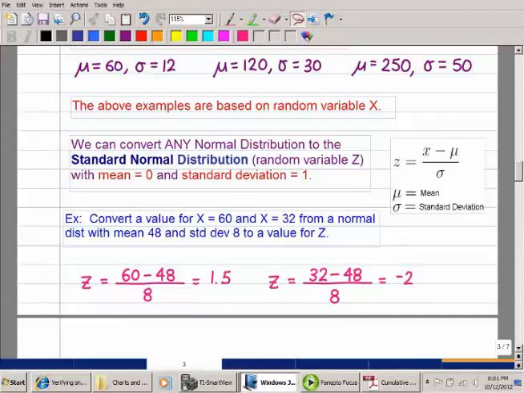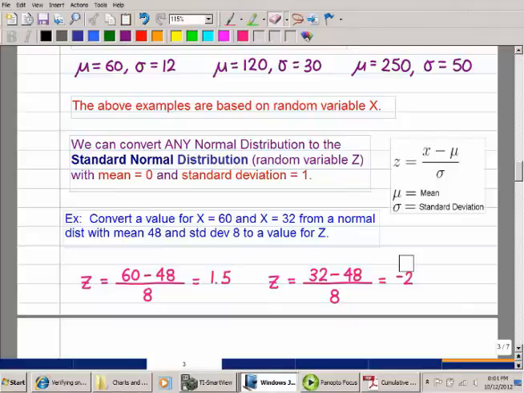So here's an example where we're going to convert a couple of values of x, one is 60, one is 32, from a normal distribution that has mean 48 and standard deviation 8, to a value for z. In other words, the standard normal distribution. For the first one, I took 60 minus 48, divided by 8, which gives me 1.5. 32 minus 48 divided by 8 gives me negative 2.